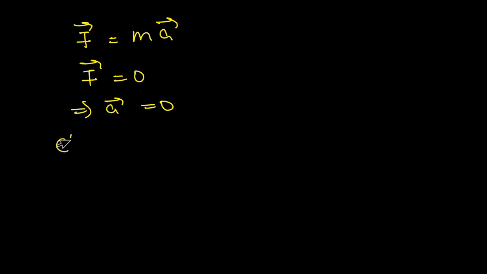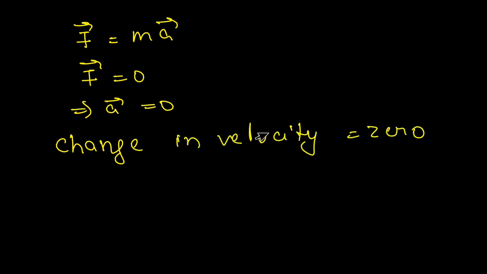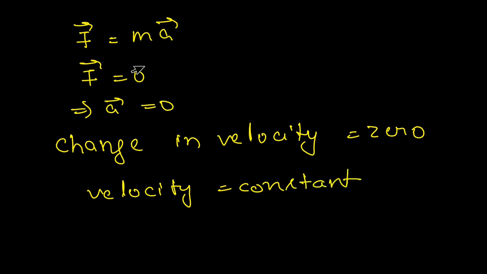So force is mass into acceleration. Force is 0 implies that acceleration is 0, assuming mass is not 0 of the body. Then if acceleration is 0, then change in velocity is 0, or velocity is equal to constant. What this means?